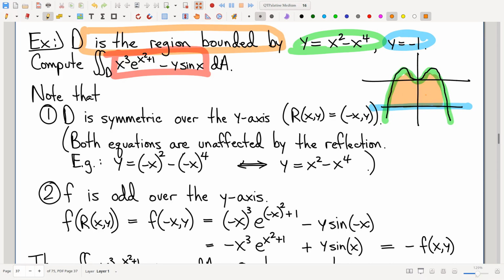And think about it, if you were to slice this up, let's not use symmetry real quick. If you were to slice this up, of course you're going to do the slices like this. The upper bound for your y's then is going to be x squared minus x to the fourth. So when you do this inside integral, you're going to be plugging in for y, x squared minus x to the fourth.